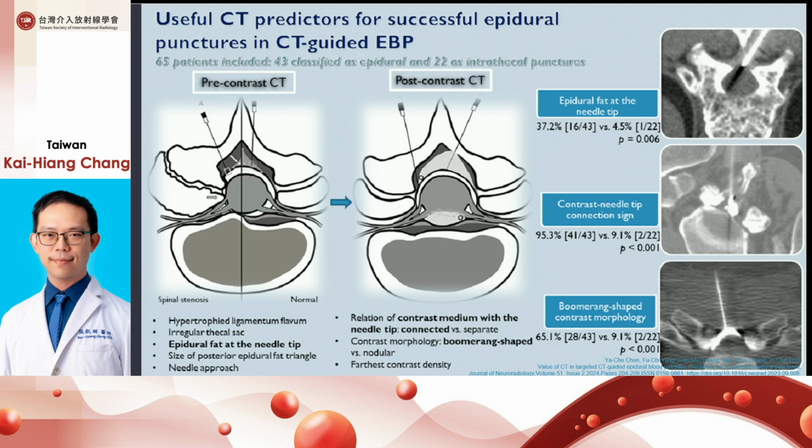And once you think you have reached the dorsal epidural space, you can test inject a small amount of contrast to see if the contrast is connected to the needle tip. If it is, then I will personally inject more contrast, about 0.5 milliliter, to see if there is any boomerang-shaped contrast morphology.